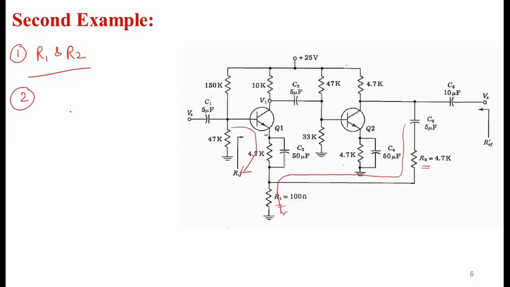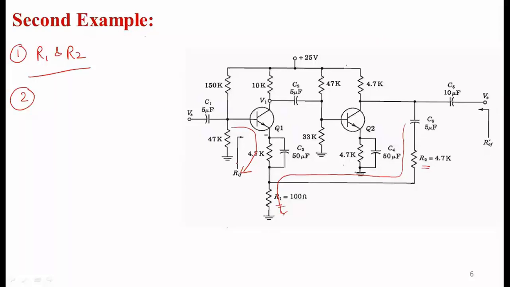The second step is to see the connection to observe which kind of sampling is there at the output, whether it is voltage sampling or current sampling. The rule was: if the output voltage node and the feedback component connection node are common, then this is voltage sampling, otherwise it is current sampling.